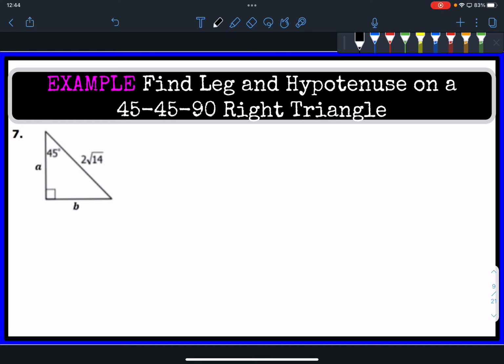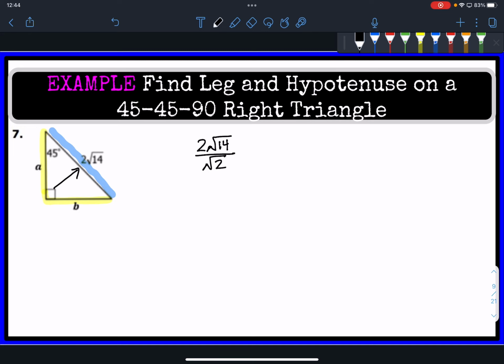So for example number 7, again, we're looking for the two legs. And they're providing the hypotenuse. They're telling us that the hypotenuse is this value there. So to figure out the two legs, we're going to get the hypotenuse and divide it by the square root of 2.